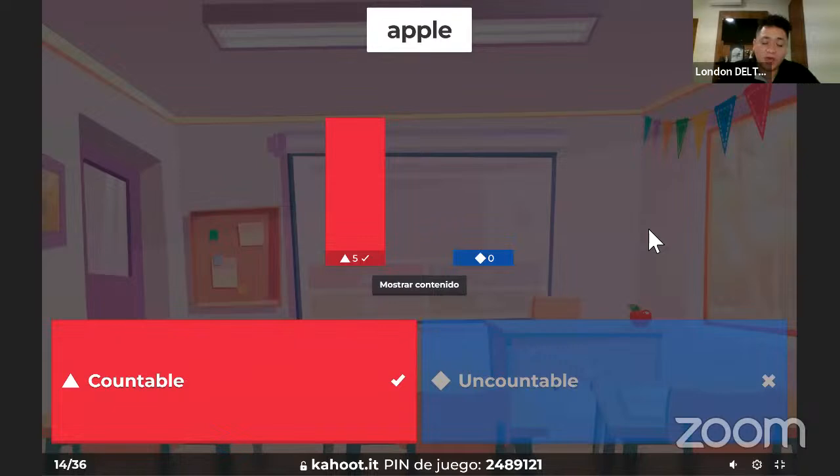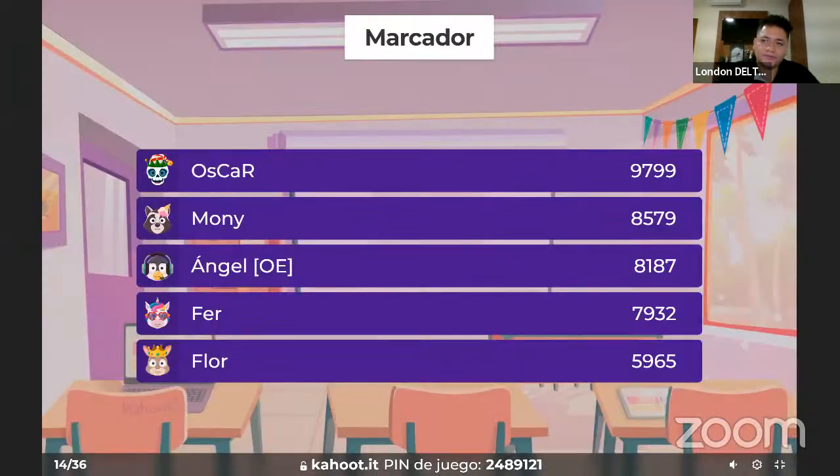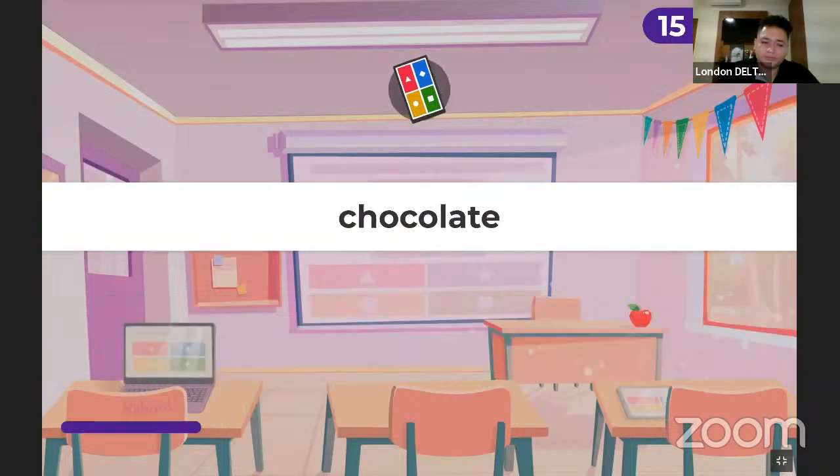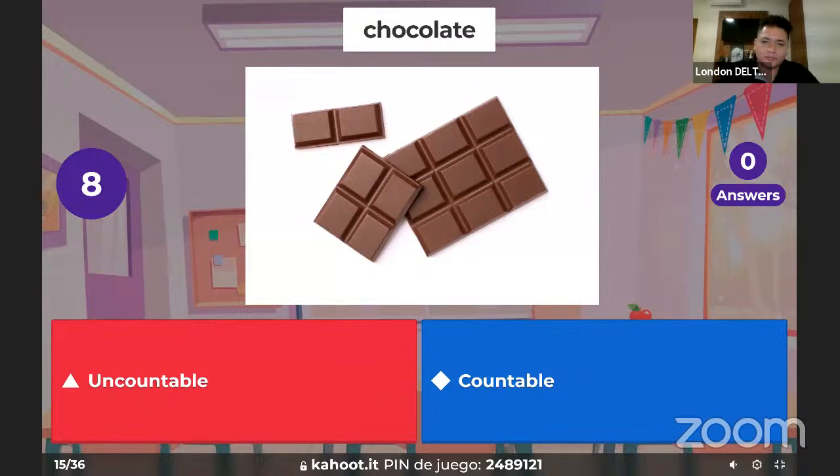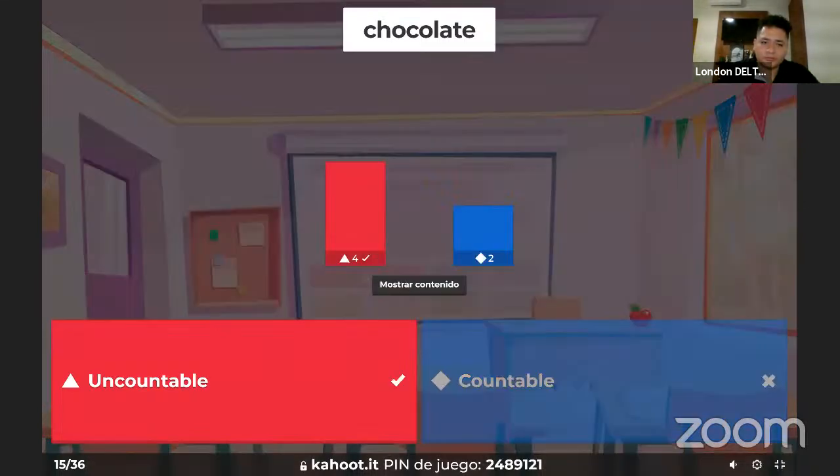Okay, so now the apple, countable, right? Muy bien, manzana es contable. Excellent.